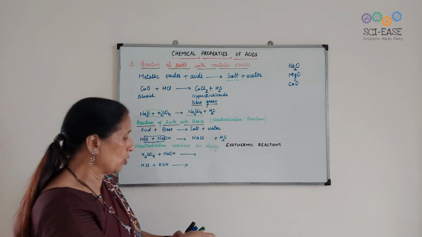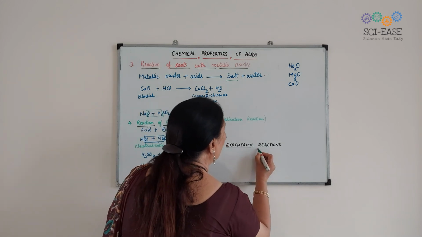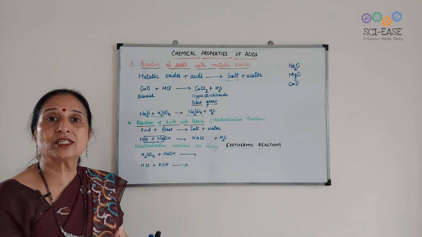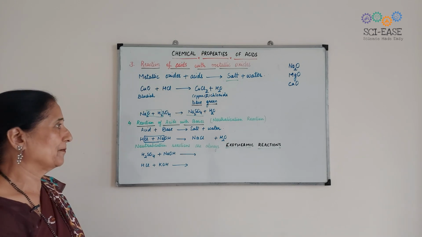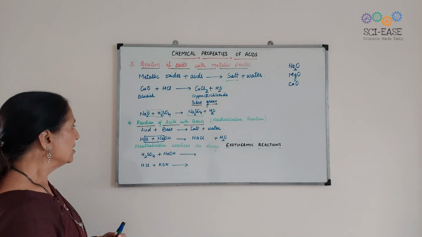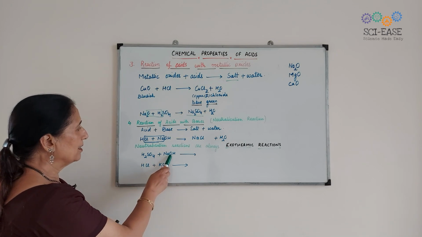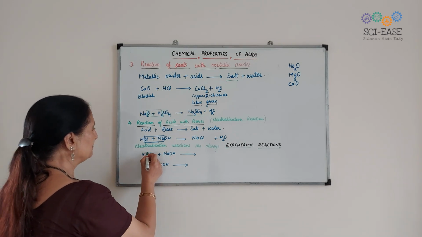Why has it become hot? Due to the heat evolved. So the neutralization reactions are always exothermic reactions. Okay, they are always exothermic reactions. So sulfuric acid plus NaOH, what will be the result?